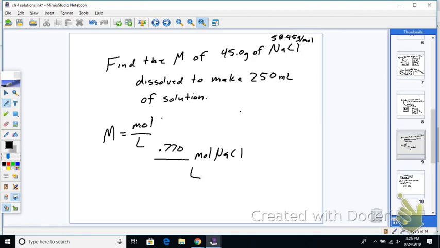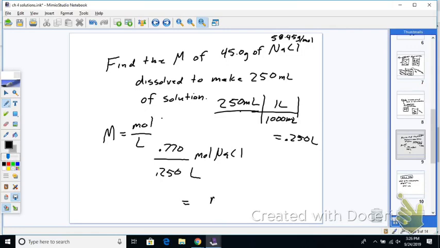We got 250 milliliters, and for every 1,000 milliliters I've got 1 liter, so that would be 0.250 liters. So we divide by 0.250 liters, and it gives us a concentration in moles per liter, or molarity.